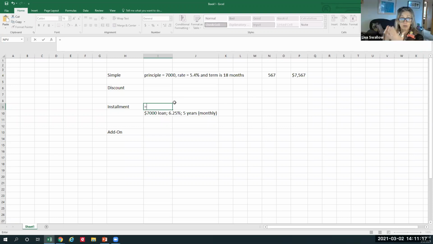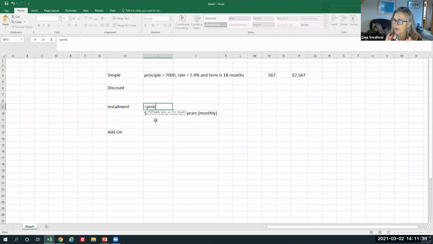We're going to write a function, is what they're called in Excel, equals PMT. And then we're going to open our parentheses, which tells Excel that we're getting ready for it to perform math. And then it goes down and tells me exactly what it wants.